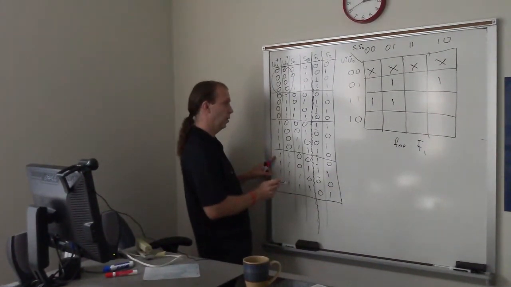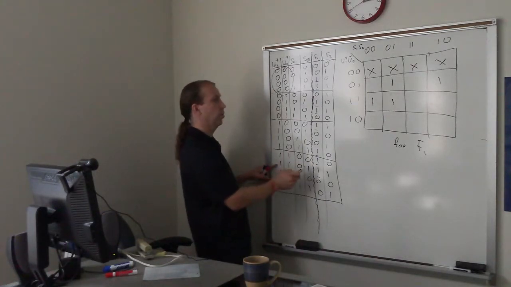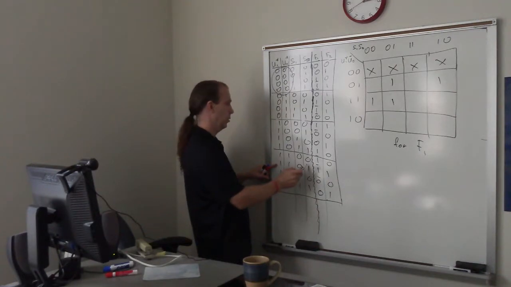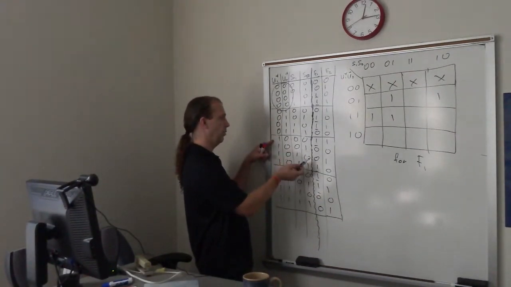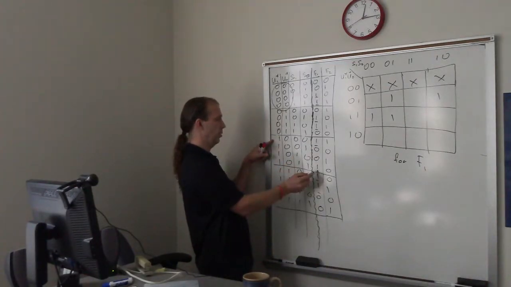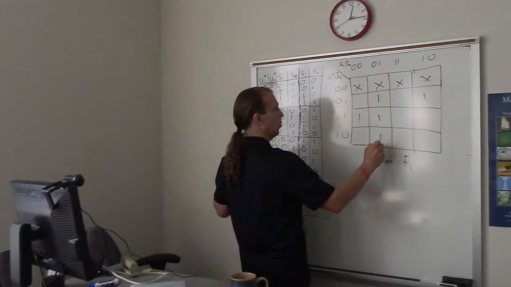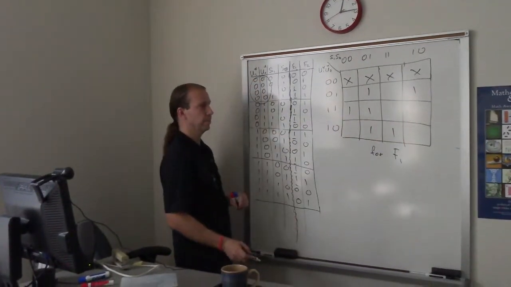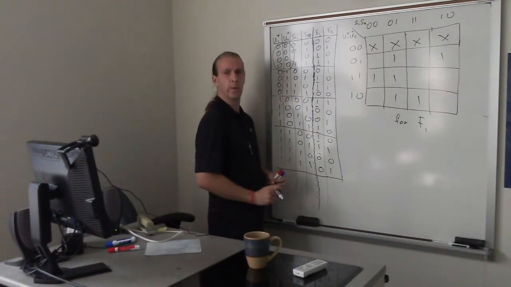So 1, 1, 0, 0, 1, 1, 0, 1. And we have ones at 0, 1 and 1, 0, 1, 1. So that's the map for variable F1.